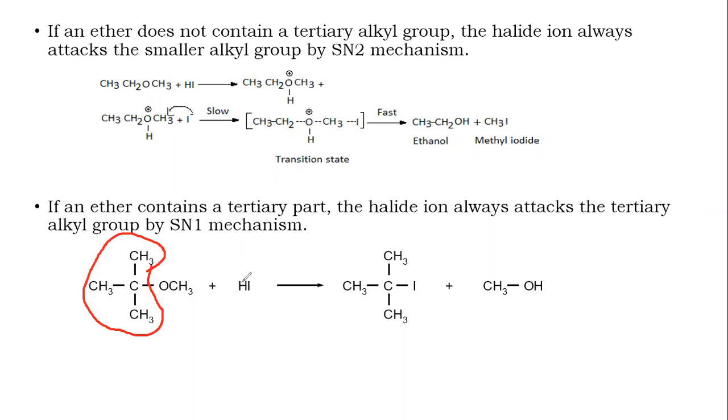So, the iodide ion will attack the tertiary group to form a tertiary alkyl halide, and the smaller part will form the alcohol. This can be explained through the mechanism of the reaction.